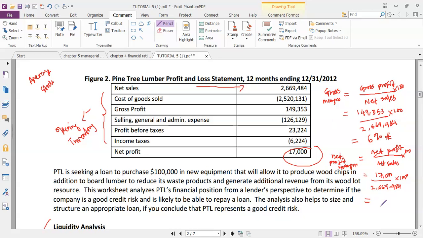0.06. 0.06 is about 1% only. Or not, 0.1, right? Yeah, if you simplify it.